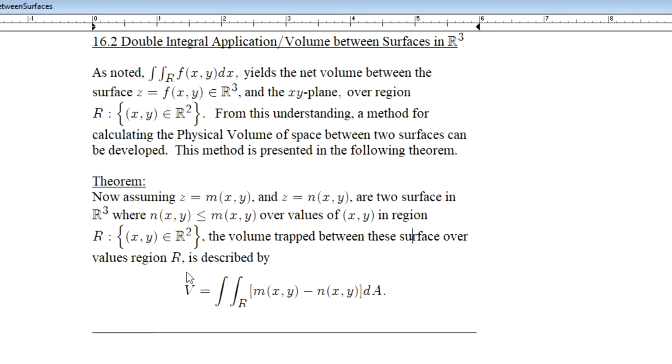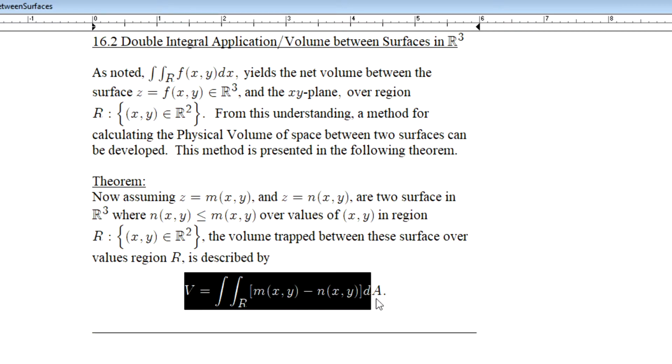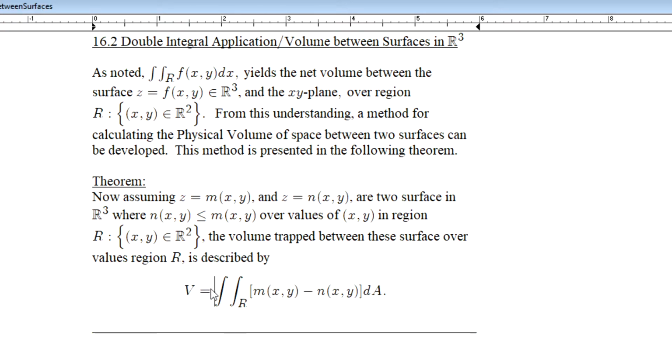trapped between these two surfaces over region R is described by this double integral calculation, where we are forming the double integral over R with respect to the area parameter.